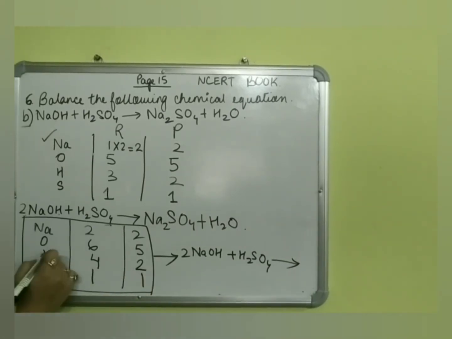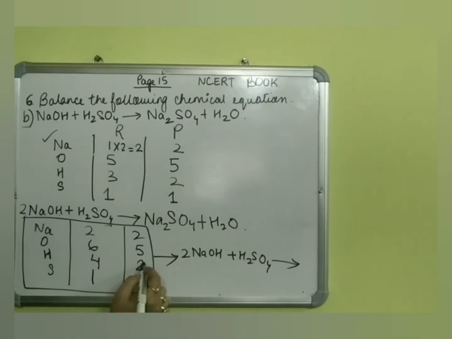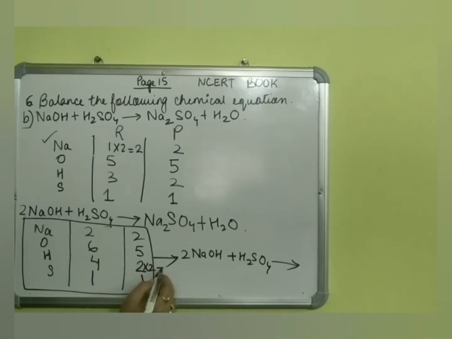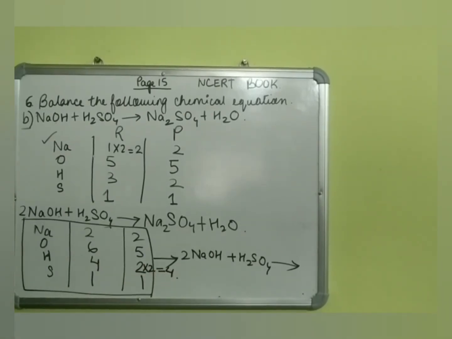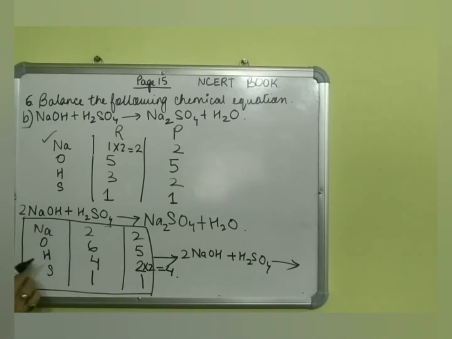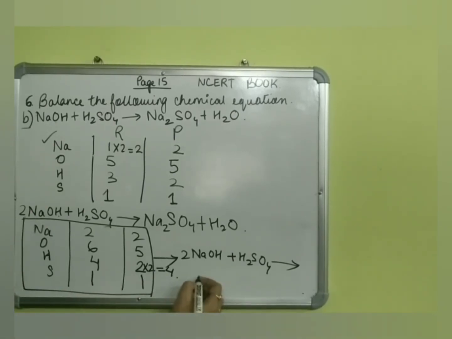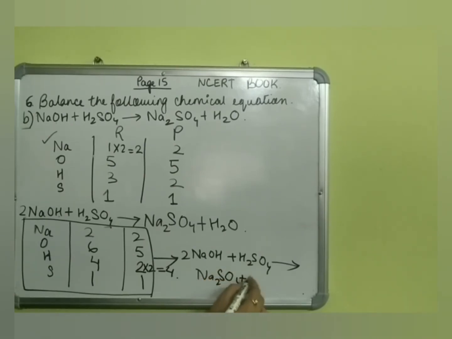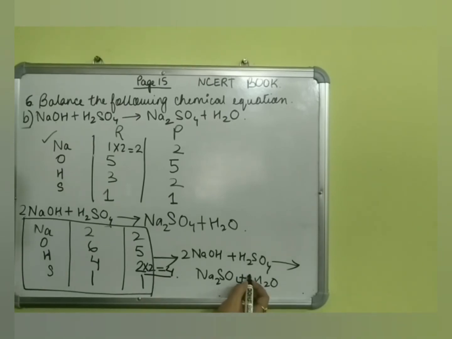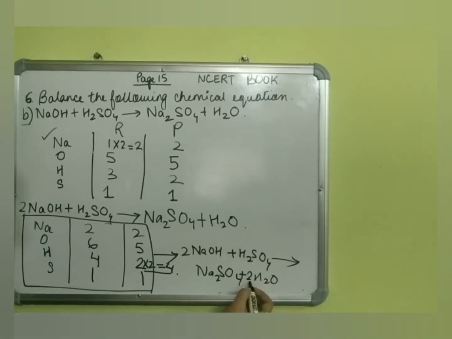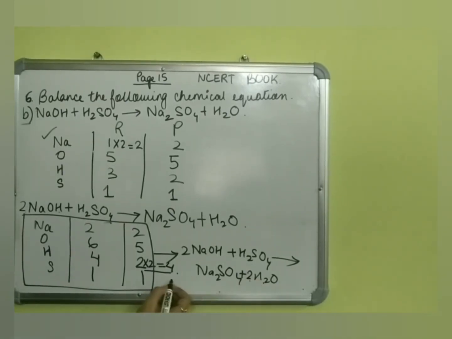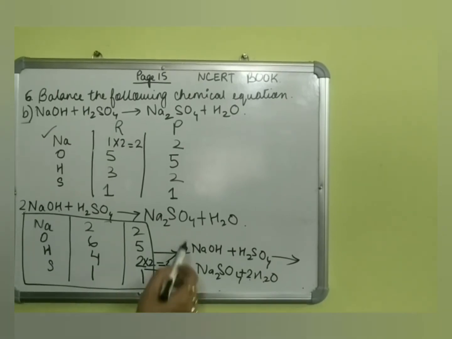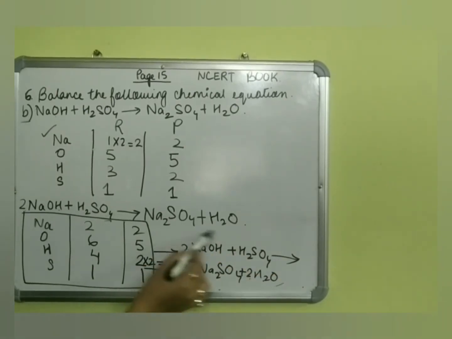For hydrogen, if I multiply with 2 then I will get 4. In this way let's first balance the number of hydrogen atoms. If we balance the hydrogen atoms, here I can write H2O, and since it is 4, in the coefficient I have to give 2, so that 2 into 2 equals 4. So this is the newly formed equation.